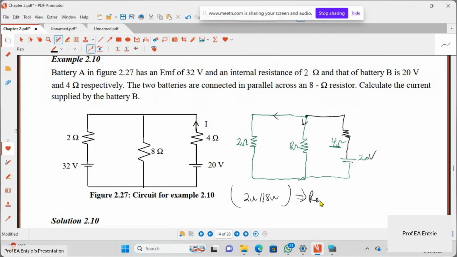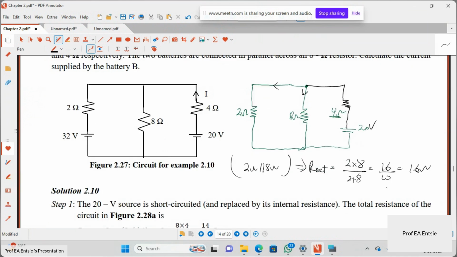So now let me find the net equivalent of these 2 ohms and 8 ohms in parallel. It will be the product of the two resistances over their sum, so 16 over 10. This is 1.6 ohms.